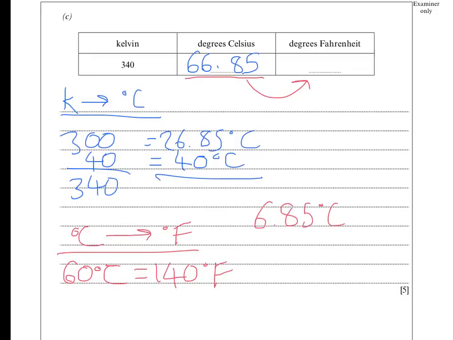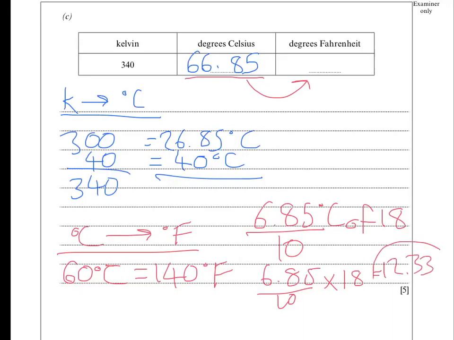Now, for every 10 that the degree Celsius goes up, our Fahrenheit goes up by 18. So I want to work out how much 6.85 tenths of 18 is to work out what I need to add up. So 6.85 divided by 10 multiplied by 18 gives me 12.33. So that is the degrees of Fahrenheit that I need to add on.